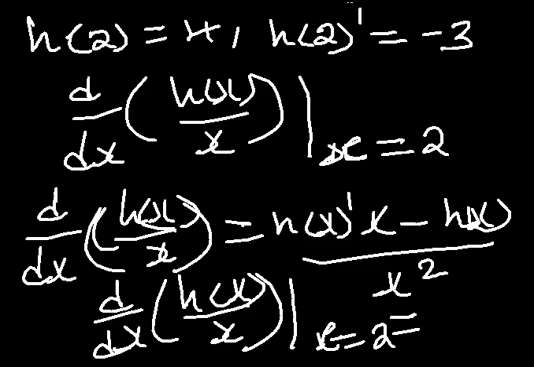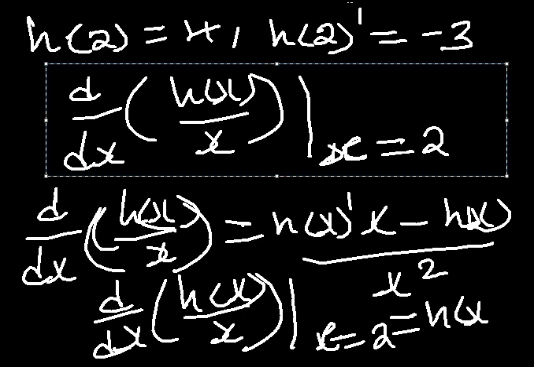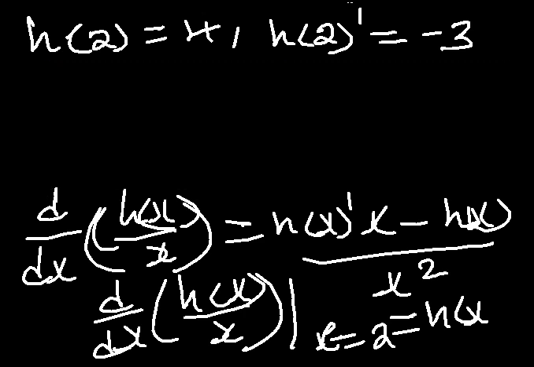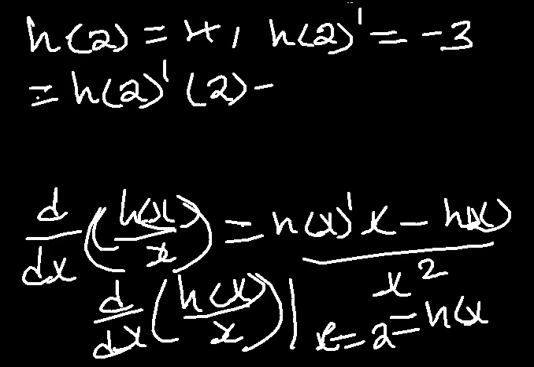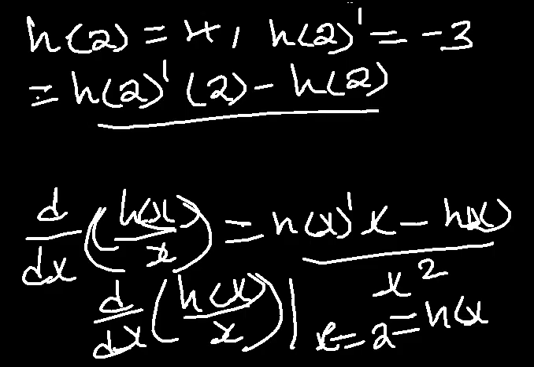That will be h of 2 prime times 2, minus h of 2, divided by 2 to the power 2.